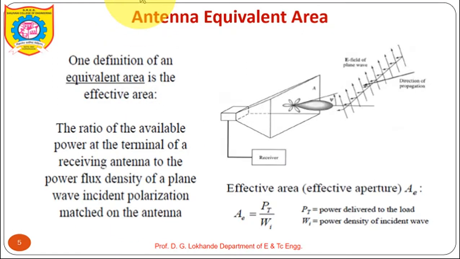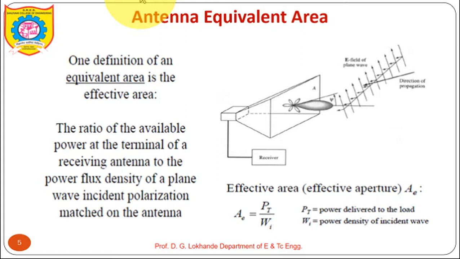And the last parameter is the antenna equivalent area. One derivation of the equivalent area is the effective area. We need to understand the effective cross-sectional area: the ratio of the available power at the terminal of a receiving antenna to the power flux density of a plane wave incident, polarization matched on the antenna.